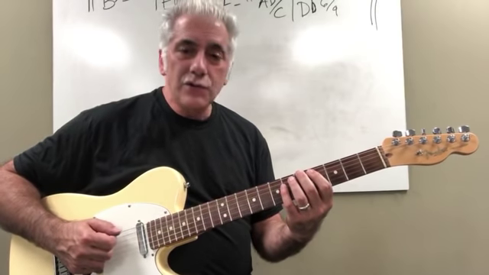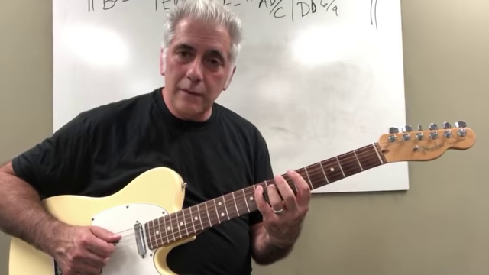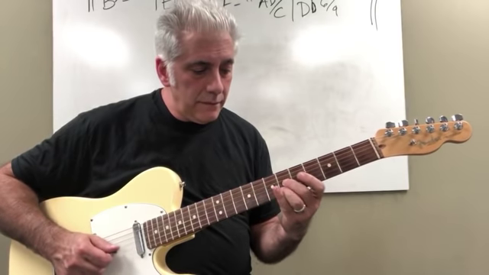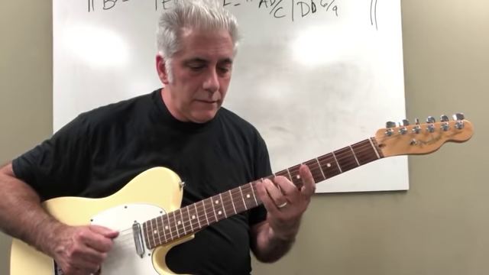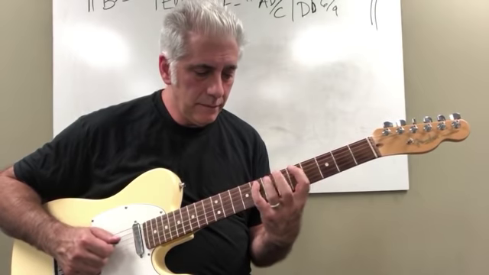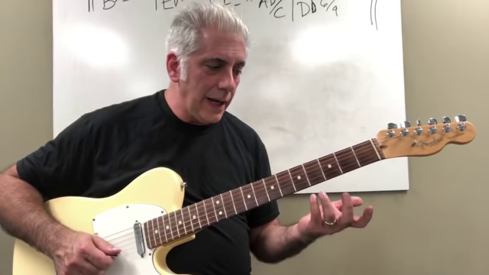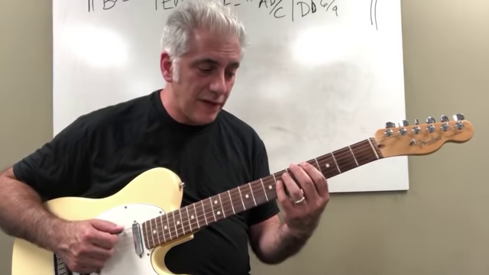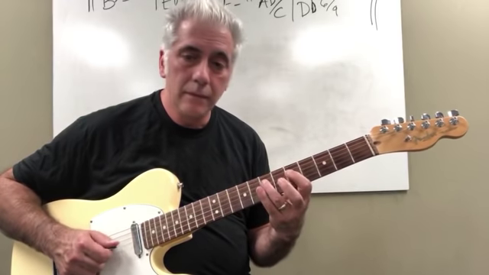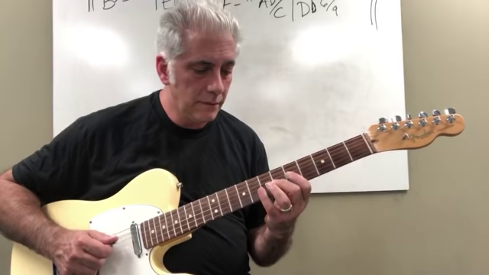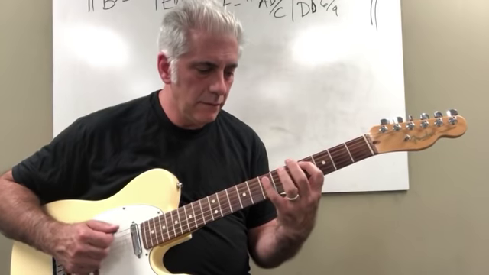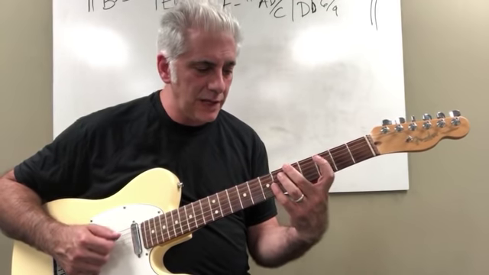Okay, then I do A major 7 sharp 5. Right? And then you do a dominant 7 sharp 5. Then you do minor major 7.